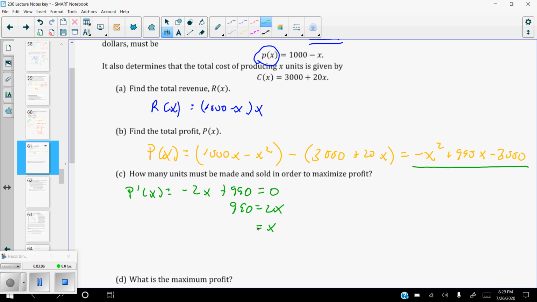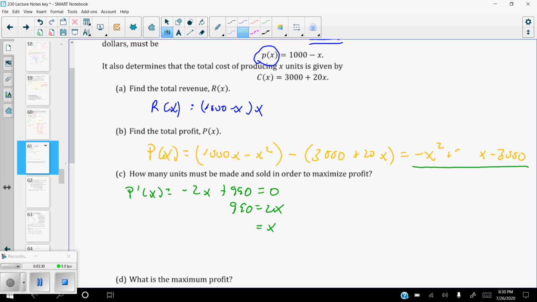What is that? 495. Am I doing that correctly in my head? No, 490. Oh, no. Okay, I made a mistake. Hopefully you guys caught this. Let's go ahead and fix that. I did 1,000 minus 20 and got 990. It should actually be 980.